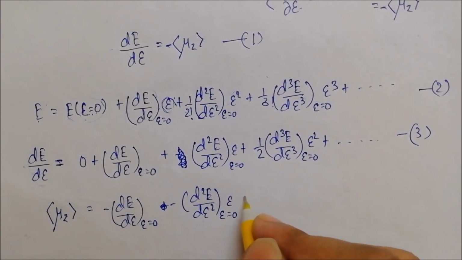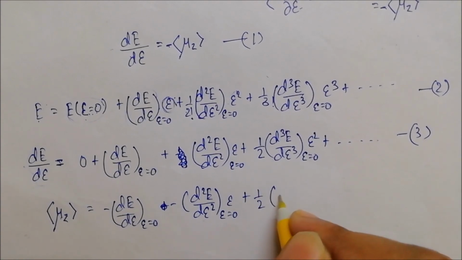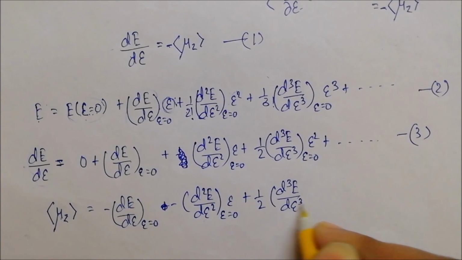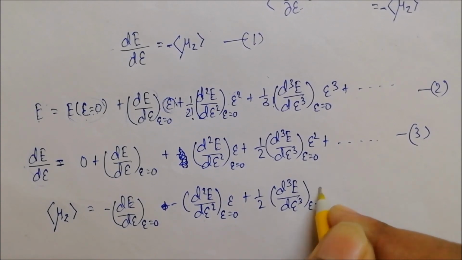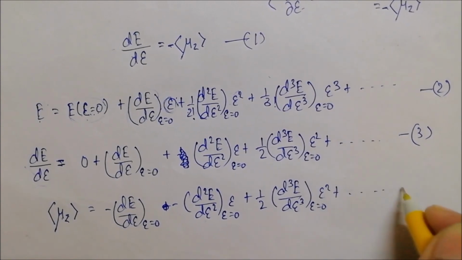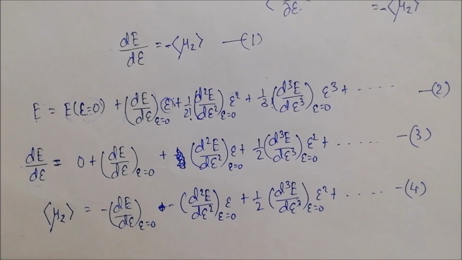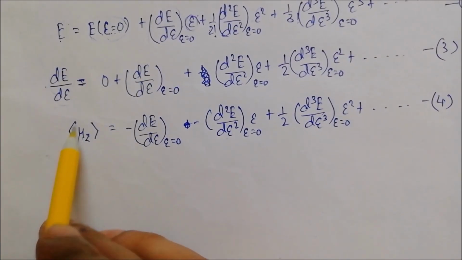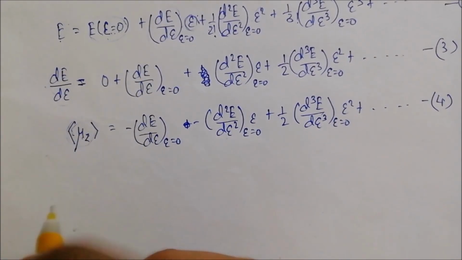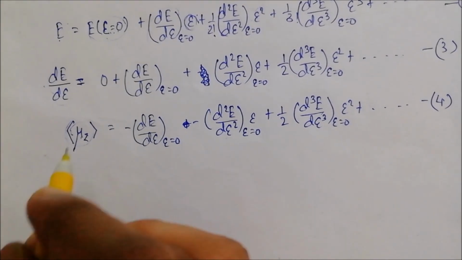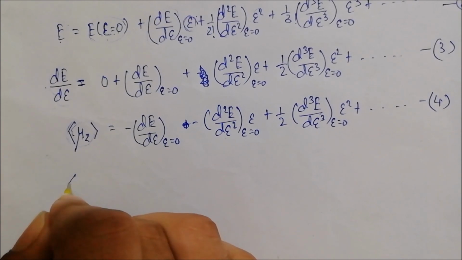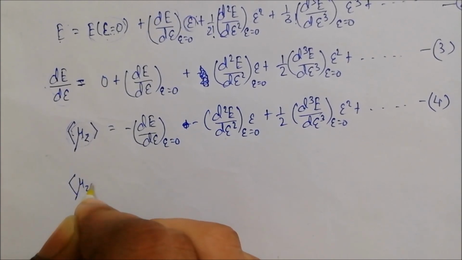So derive with me, and you'll get the feel of it. Higher order terms, let's name this 4. So now what we can do is try to express this expectation value of the dipole moment in terms of the dipole moments of the molecule.